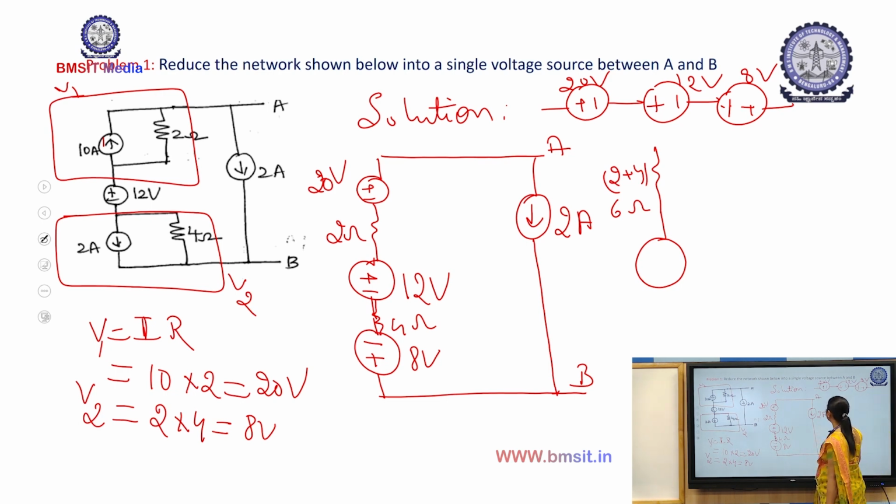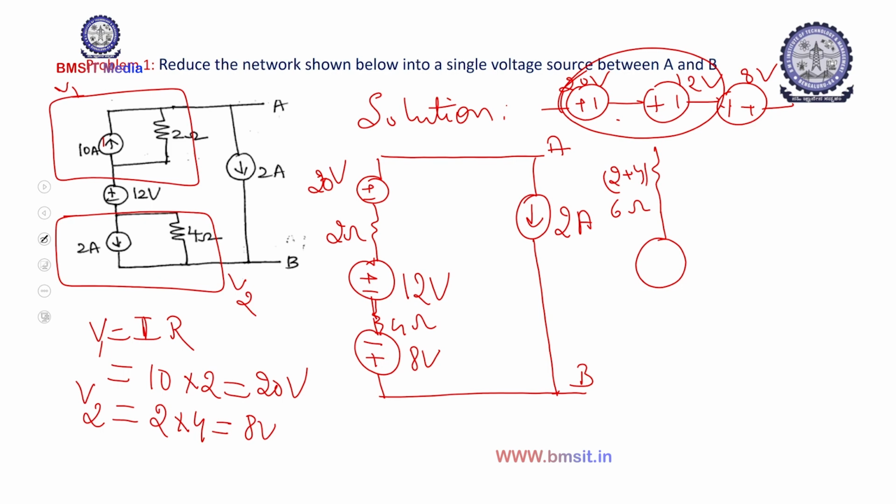One more thing we have to see. When we are doing this, we have to see the polarity. So this 32 will have a greater value compared to the 8. 32 is greater than 8, so the polarity of the 32 volts will be retained in the resultant circuit.